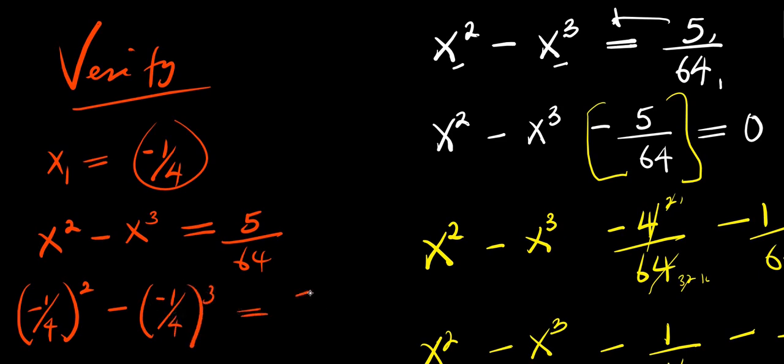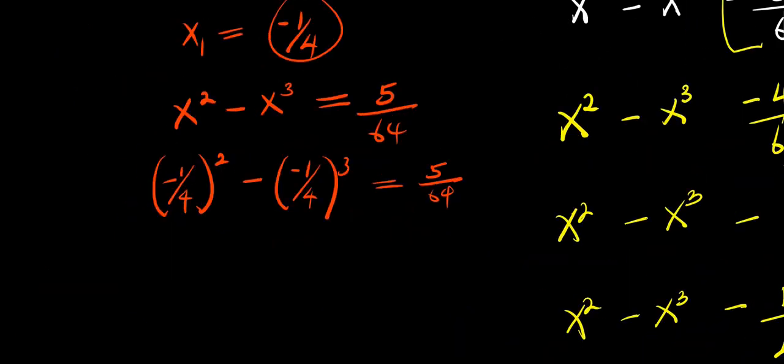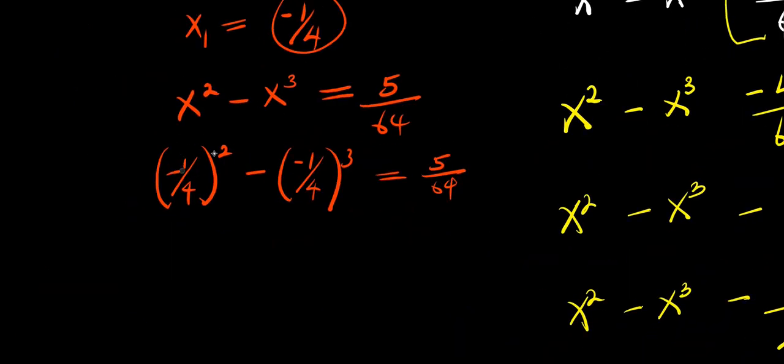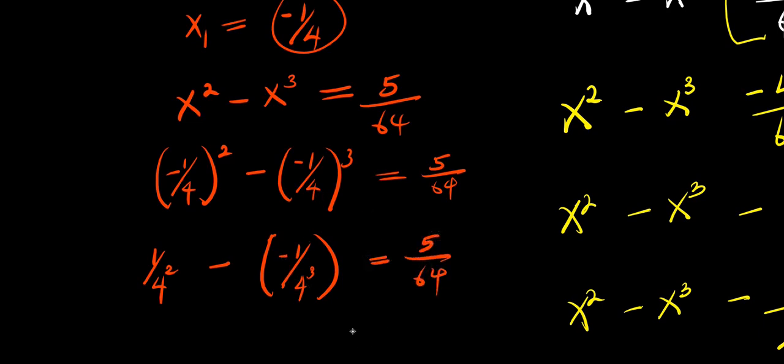Is it the same thing as 5 over 64? From here, this is the same thing as 1 over 4 power 2, right? Because negative 1 power 2 is 1. Minus this will be the same thing as negative 1 over 4 power 3, because negative 1 to the power of 3 is negative 1. And this negative affects everything here, equals 5 over 64, right?